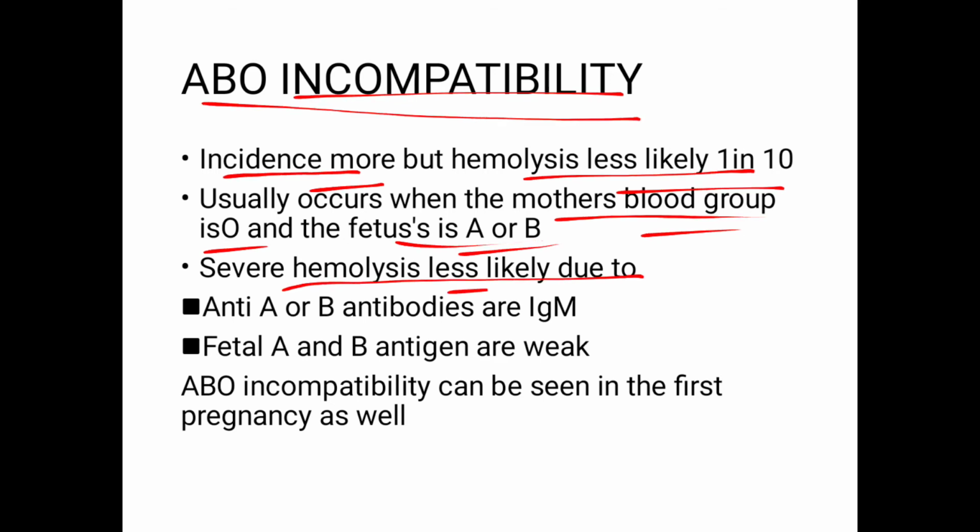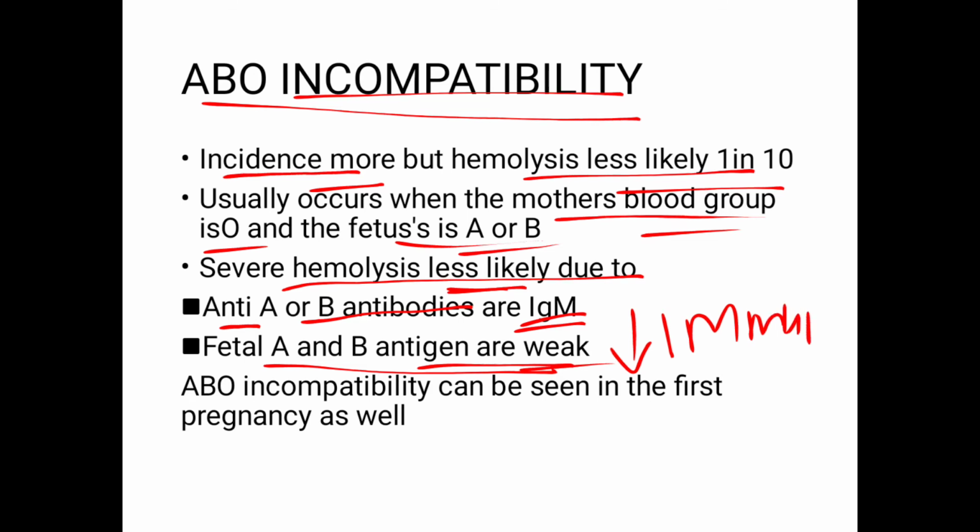Severe hemolysis is less likely, as anti-A or anti-B antibodies are usually IgM, and as discussed previously, IgM antibodies are pentavalent and won't be able to cross the placenta. The fetal A and B antigens are weak, and thus the immune response is also weak. ABO incompatibility can be seen in the first pregnancy as well, in contrast to Rh incompatibility, which is usually seen in subsequent pregnancies.